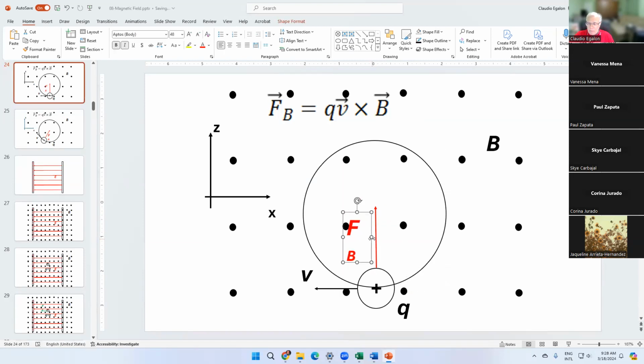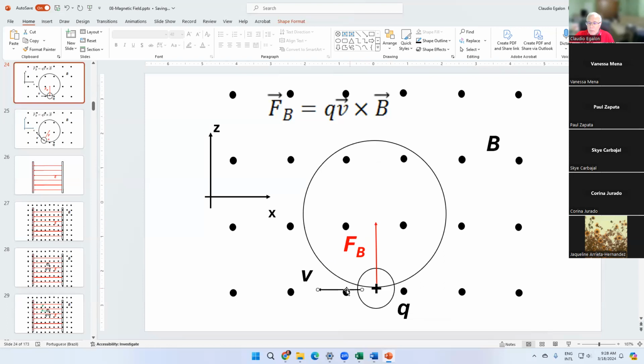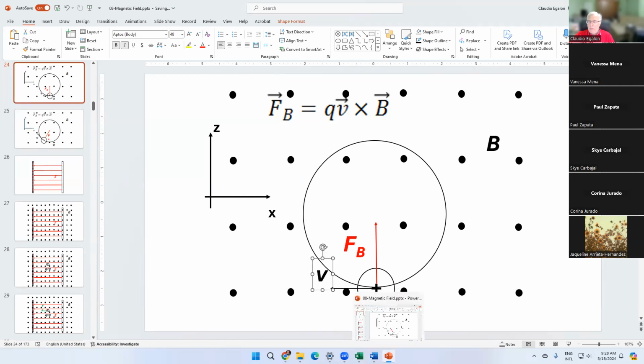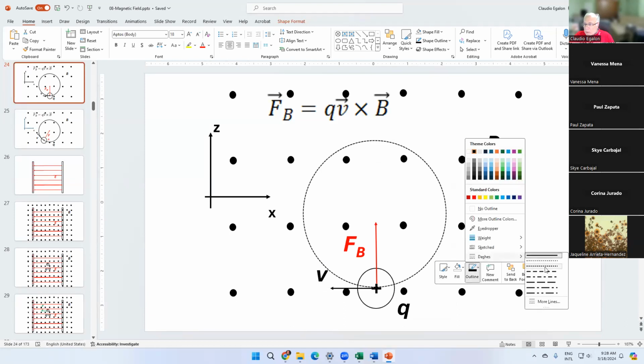I'm gonna put this force vector like that from the center. I'll put the velocity vector, bring to the front. I'm gonna put it like that as well. And I'm going to dash this one here.